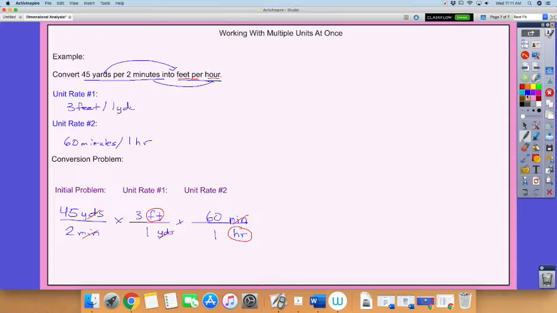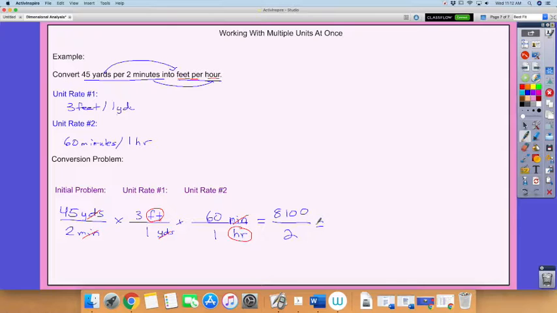So now let's grab our calculator. Let's just multiply the numerator. We go across. That tells us it's 45 times 3 times 60. So that gives us 8,100 over, in our denominator, we have 2 times 1 times 1, which is 2.